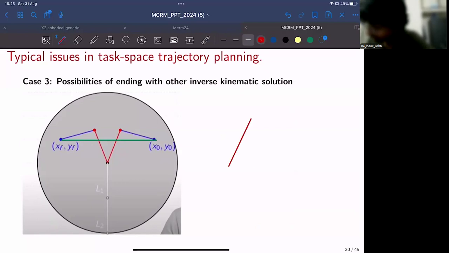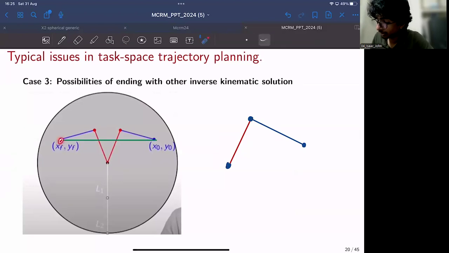The first link is red and the second link is blue. So if this was the initial inverse kinematic solution, it should have reached that point something like this. This is how it should have reached that point with this configuration.